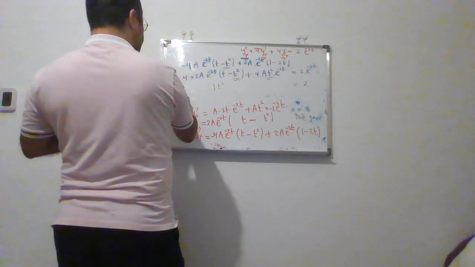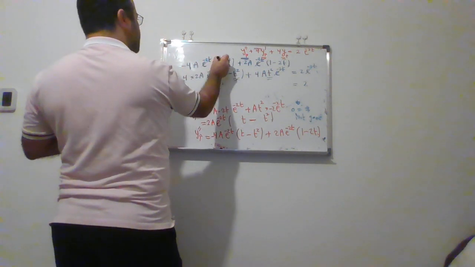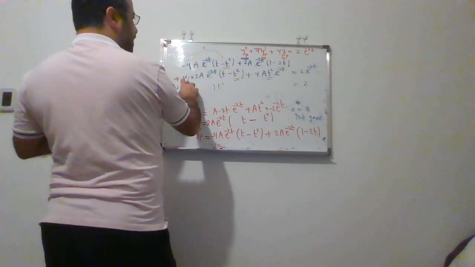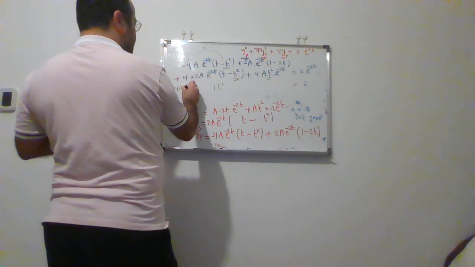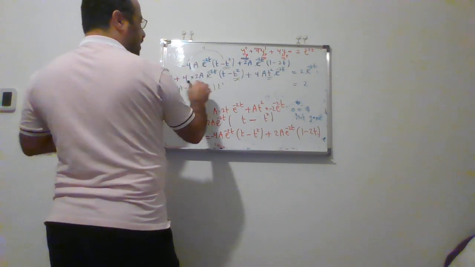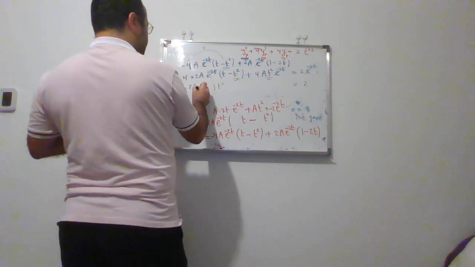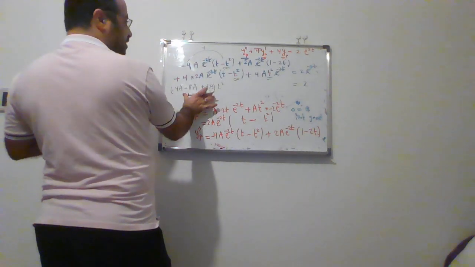So here minus 4a, sorry, the first one, it is minus times minus, plus, right? This is plus. But here I have minus times this, minus 8a, right? And the last thing here is 4a.